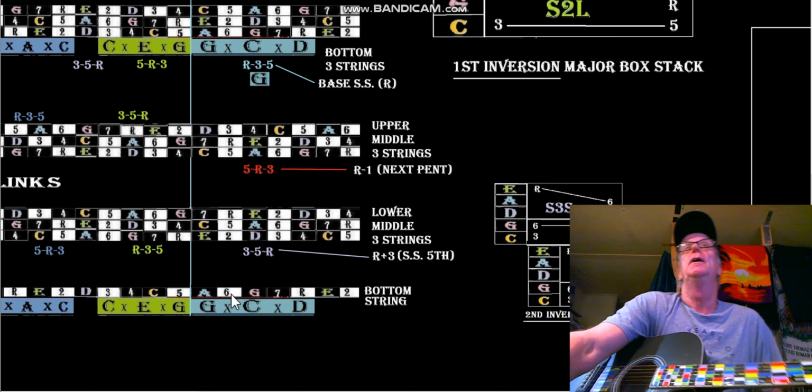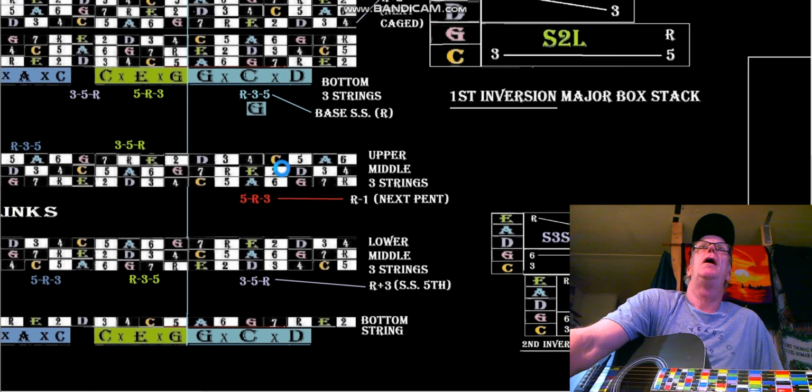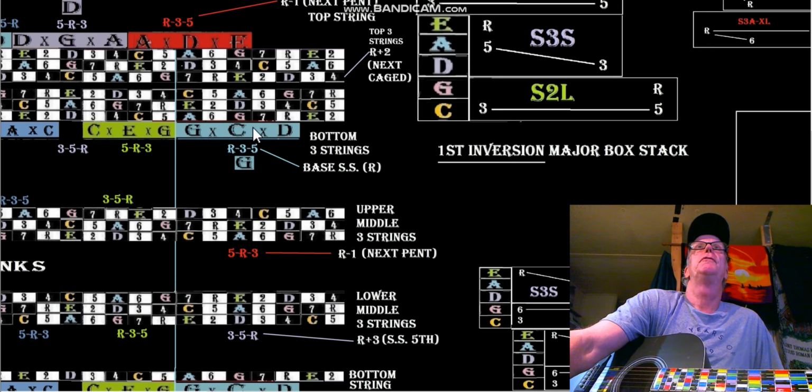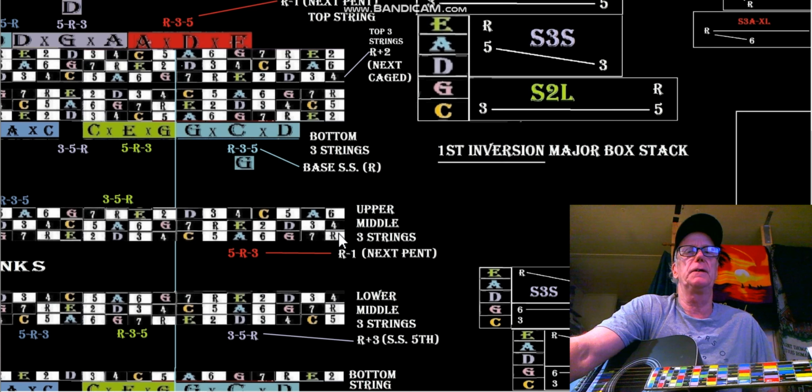Okay, so then we move on to the 4th string. So which one's going to be the 4th string? Okay, we should have something for the 4th string. Is going to be the next pentatonic. Alright, so the upper 3 strings, the 4th string is the bass string of the upper 3 strings, because there's 4, 5, 6.